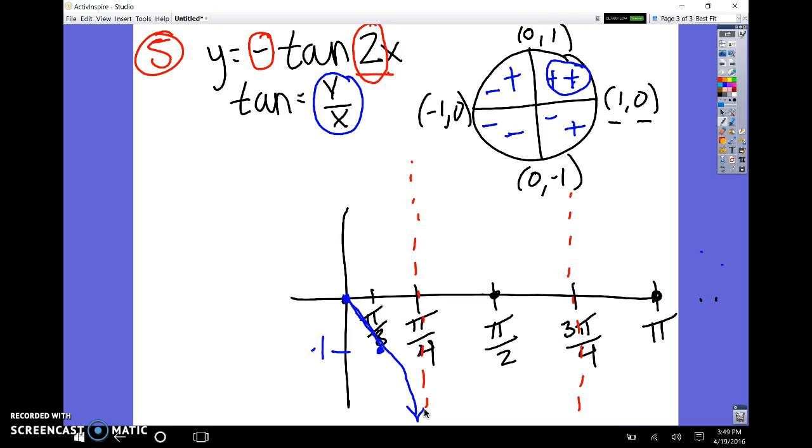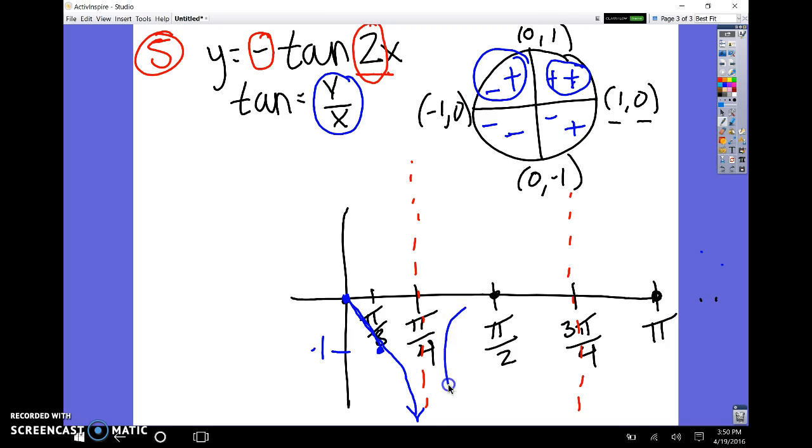Basically, between pi over 2 and pi, that's quadrant 2, right? So what this section here represents is what's happening when the function passes through quadrant 2. If I take a look at the signs of everything in quadrant 2, x's are negative, y's are positive. So the ratio y over x is going to be positive over negative, which gives me a negative, right?